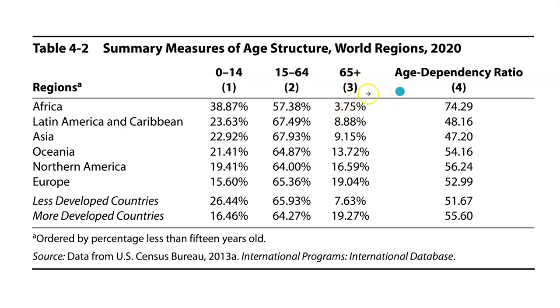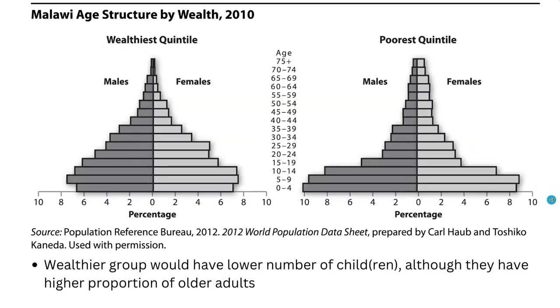That will be the numerator, divided by 57.38, multiplied by 100. That will be 74.29, which is the age dependency ratio, higher than other developed countries. So this is how to use this calculating process to calculate the age dependency ratio.